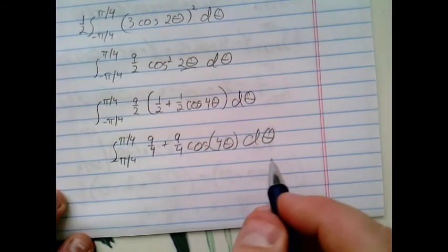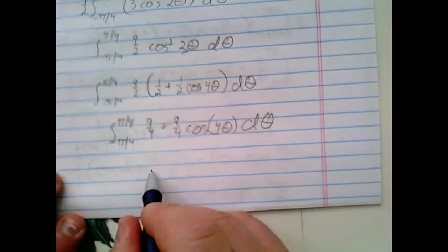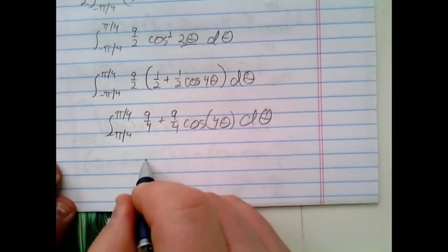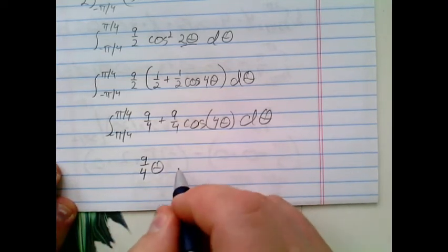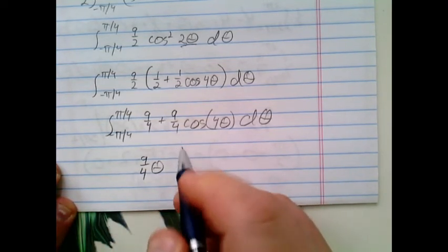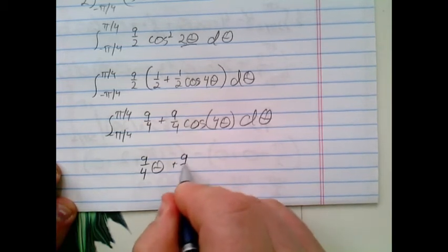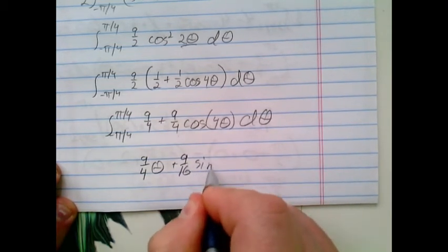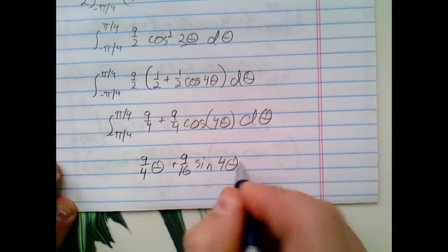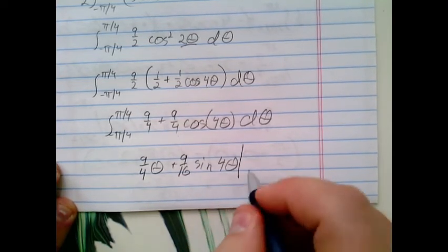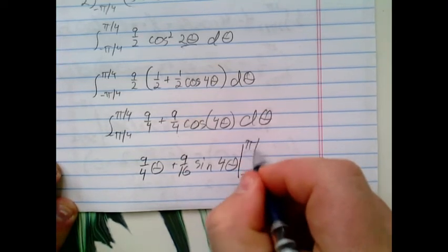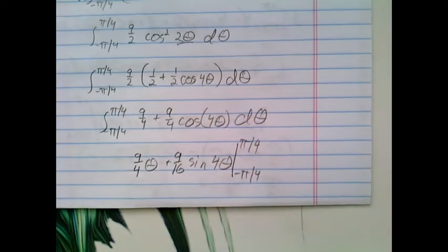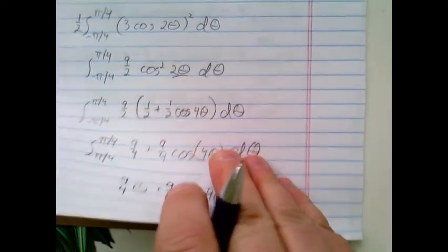Now I'm ready to integrate. When I take my antiderivative, my 9/4 by itself becomes 9/4 theta. Here I have to divide by 4, so that becomes 9/16 sine 4 theta. And we're going to evaluate at negative pi over 4 and pi over 4.